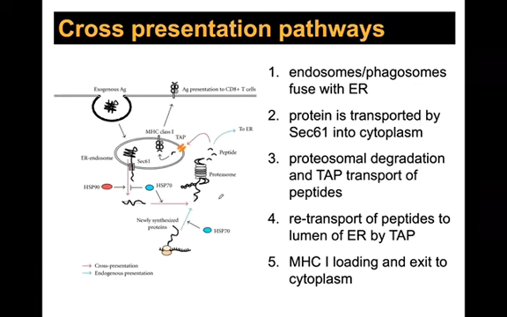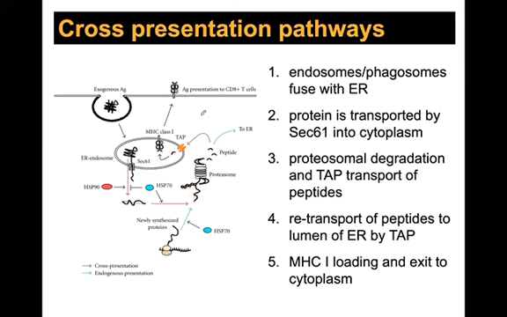And it turns out that that's actually a very normal thing, where you're taking exogenous antigen and it's taken up in the endosomal pathway, and then it's being fed by sort of a reverse TAP. In this case, it's called the Sec61 protein. And it's taking these proteins from the endosynthetic pathway and putting them into the cytoplasm, where then everything else happens. They're fed into the proteasome. Those peptides are put through TAP, loaded onto MHC1, and then make it to the cell surface.